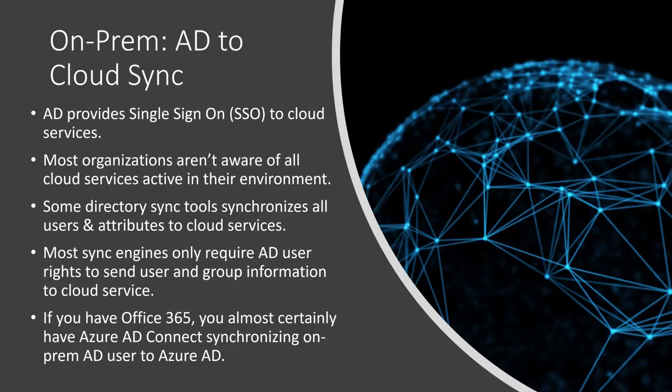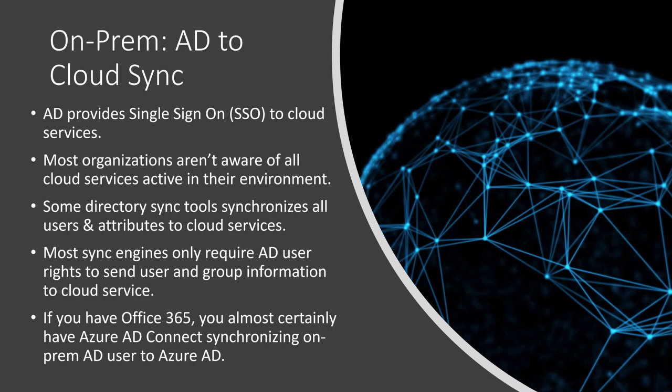The other thing that's interesting is that when you have a cloud service provider or cloud app, oftentimes you're going to sync some information from your on-prem AD up to that cloud provider. And this sync usually requires some sort of sync engine. It just requires user rights, so it can be configured by just about anyone that has or can create a user account in Active Directory.